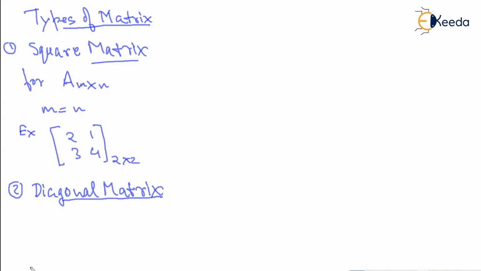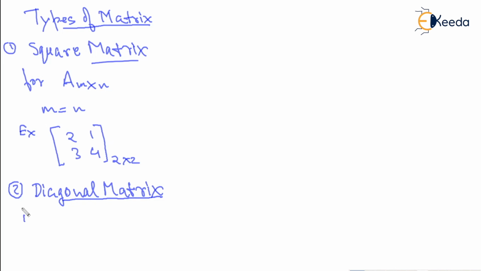So a square matrix needs to have the same number of rows and columns, and generally when you are considering a diagonal matrix for your topic or questions, it will be a square diagonal matrix.